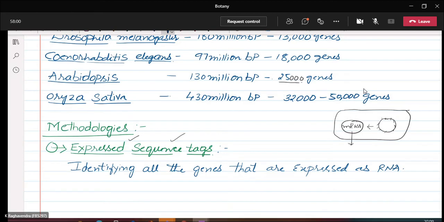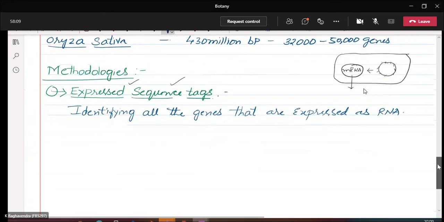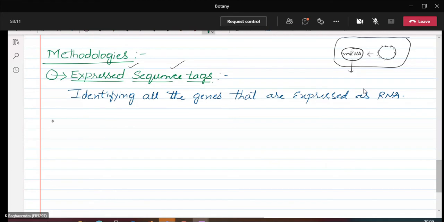The second methodology is called sequence annotation. So just follow the steps which I am going to give you here, right?